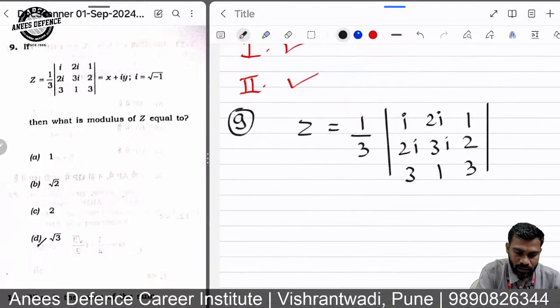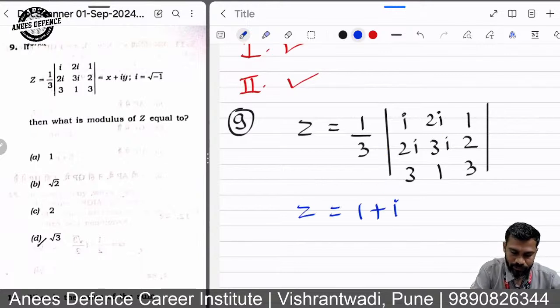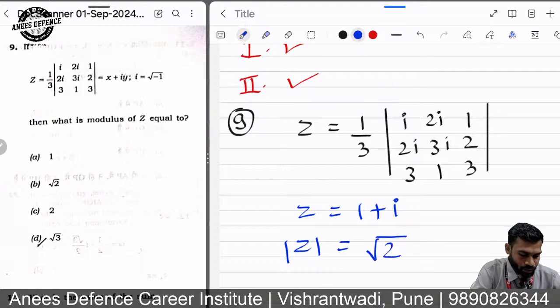If you solve this, you can simplify this very easily, right? So you will get Z is equal to 1 plus i. Just a simple expansion, right? Now we need to find the modulus of Z. That will be, of course, root 2. Very easy. So option B is the right answer.